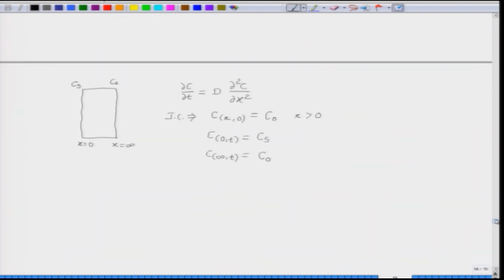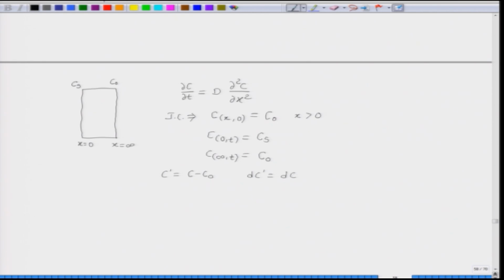Now, we make a little bit of substitution here. Let us call C prime equal to C minus C0, where C0 is a constant. So dC prime is nothing but dC.